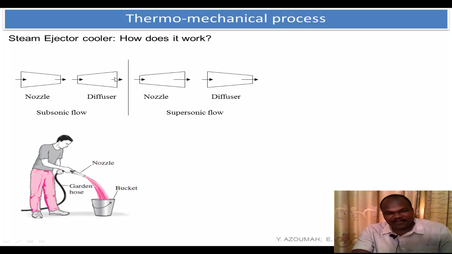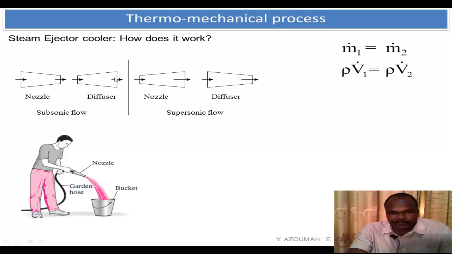So, for instance, if you are using a water hose and you want to accelerate the flow of the water, just put your finger at the end of the hose. Thus you are reducing the surface area. You are creating a nozzle. So the jet will come out with much higher speed.